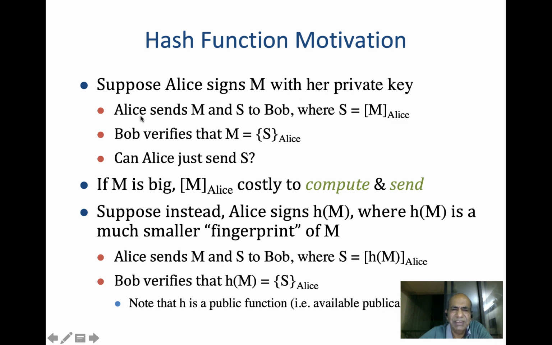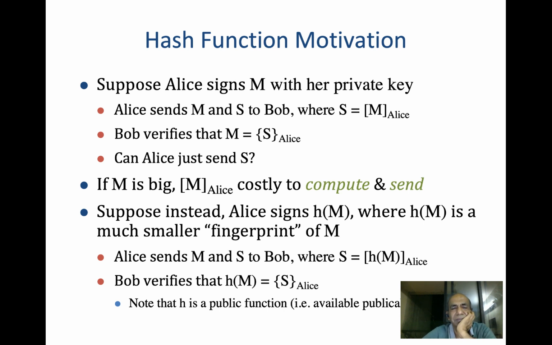It means that Alice sends M and S to Bob, where S is nothing but signature of M, or what we say is private key encryption of M. So Alice takes her private key and encrypts M, and that becomes S, and then Alice sends to Bob both M and S.